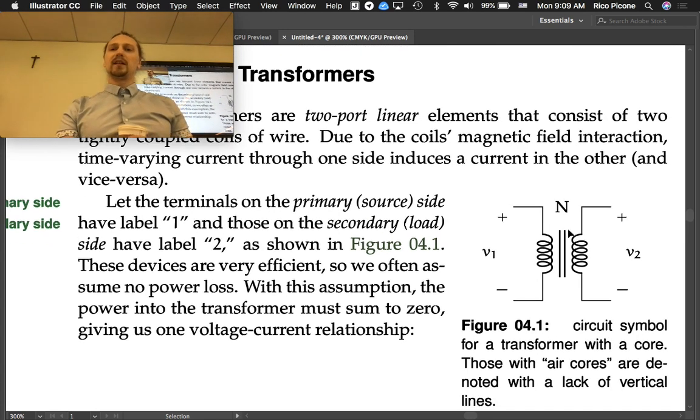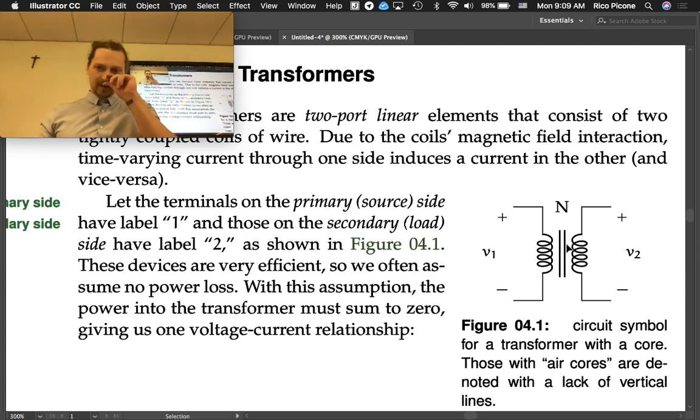So this is the circuit diagram, the circuit symbol for a transformer. Now, these two vertical lines there are only present when you have a core of some sort of material. So just like with an inductor, which is also a coil of wire, right? This is two coils of wire. There's a core often in a transformer as well.